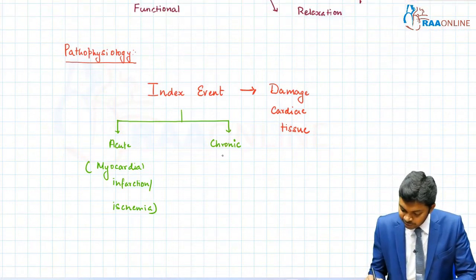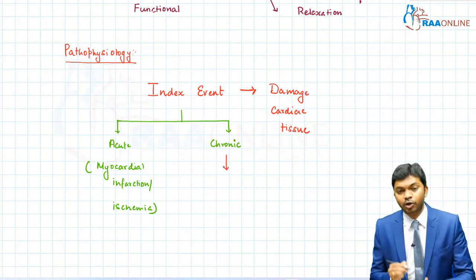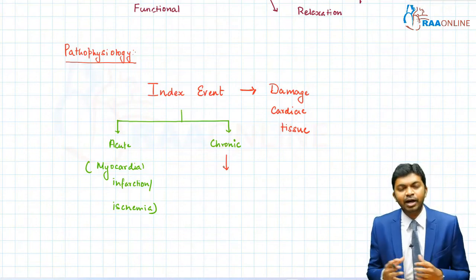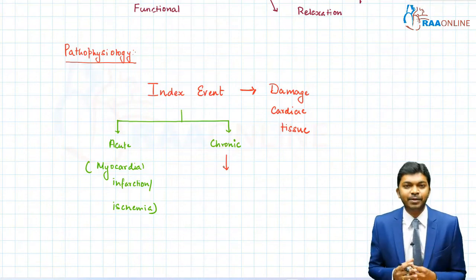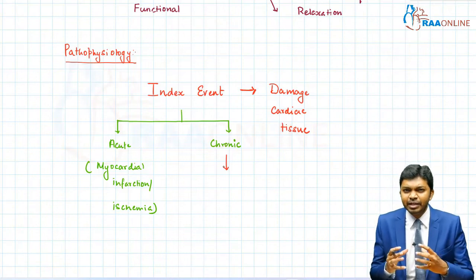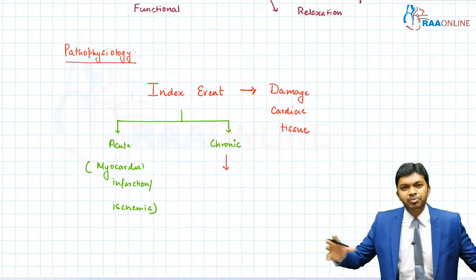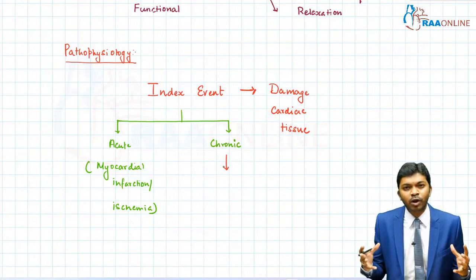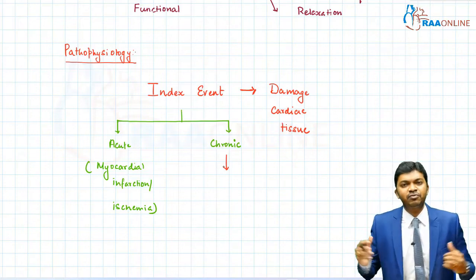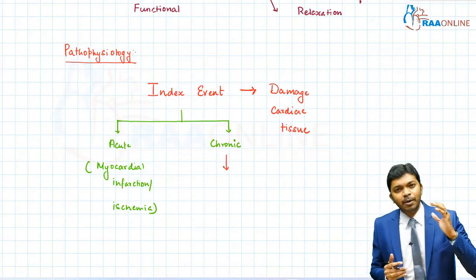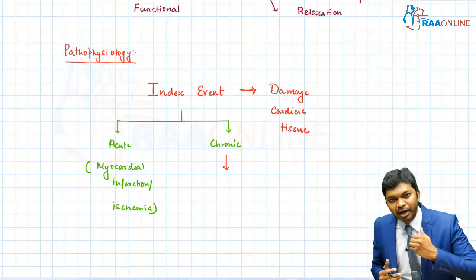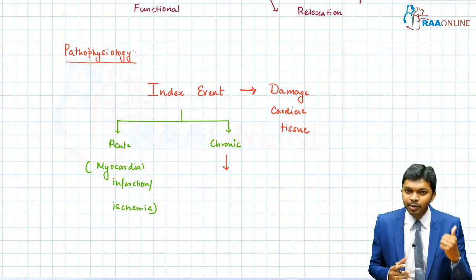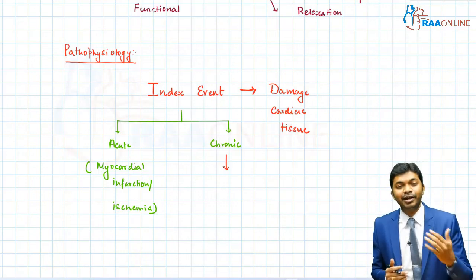On the other hand, if you take up chronic events, they are very high pressure overloading on a heart or volume overloading on a heart. When a cardiac chamber experiences too much pressure over a prolonged period of time, or a cardiac chamber experiences significant expansion of volume for a prolonged period of time, such gradual, progressive, chronic over-expansion of volume or pressure is what is called volume overload or pressure overload respectively.